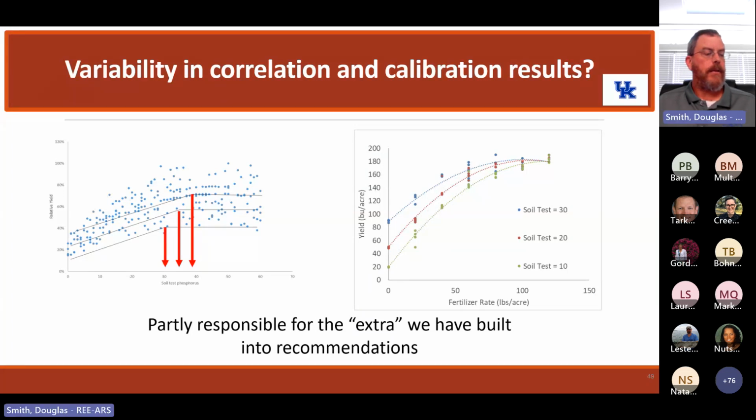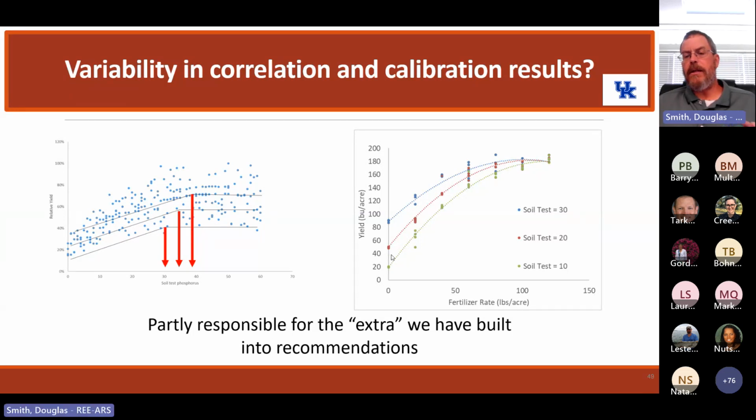Looking at how these recommendations were developed, you would get a series of tests that may give different critical soil test phosphorus values. It may be 30 on this particular test, 35 on this next one, and then 40 on the next one.